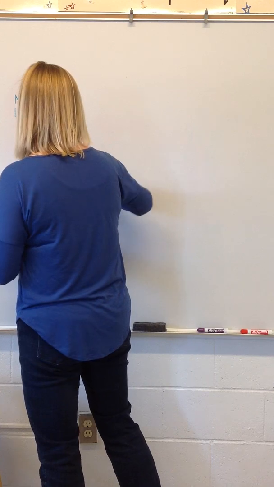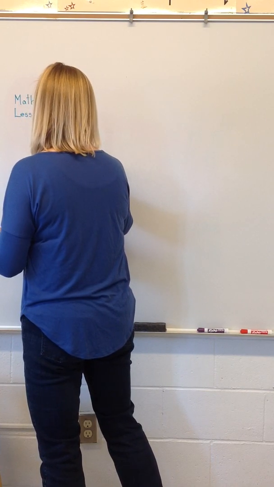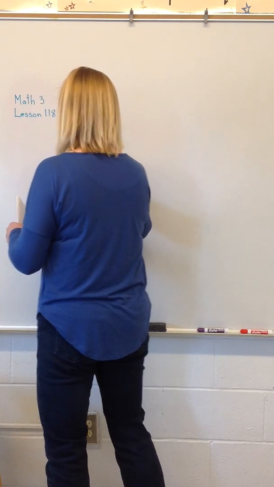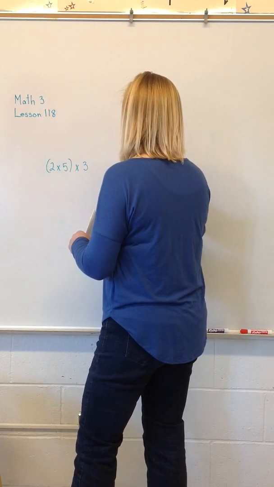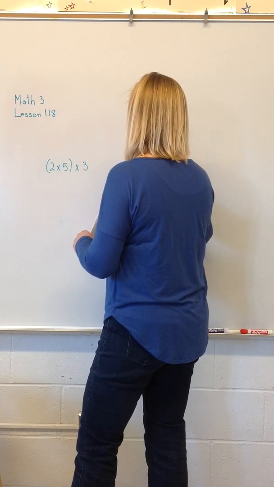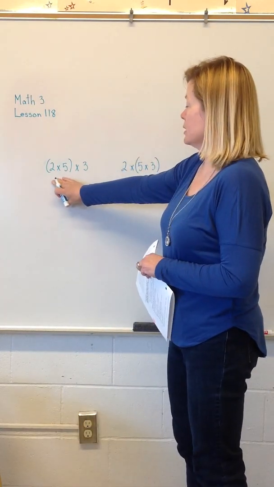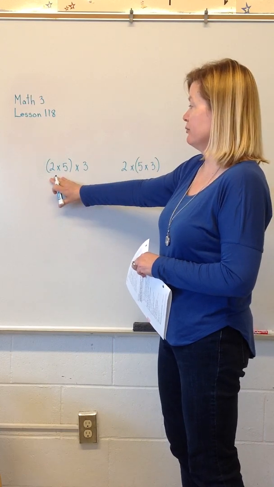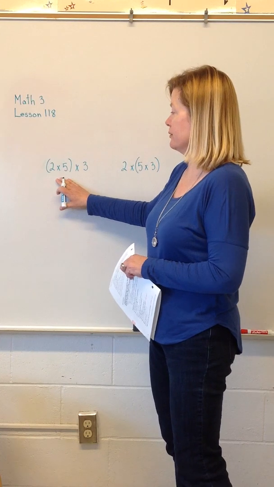Oh, I wrote that one wrong. Okay, digits are in the same spot, same math symbols. The only difference is where the parentheses are. So let's do the first side.